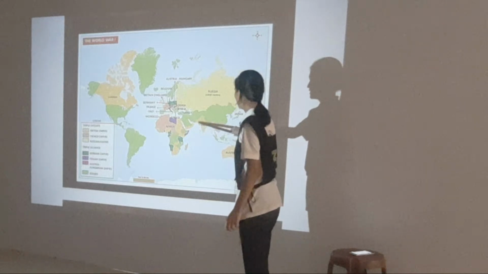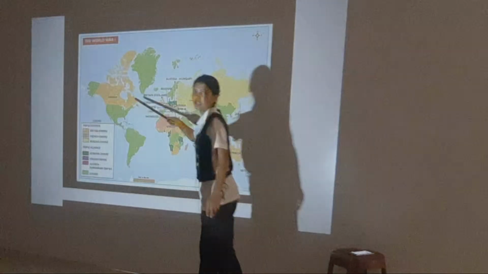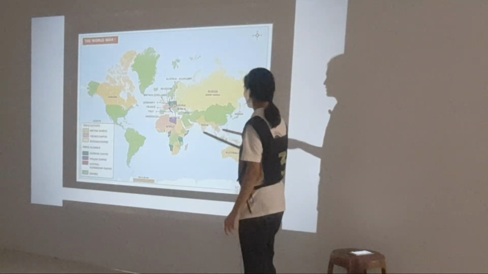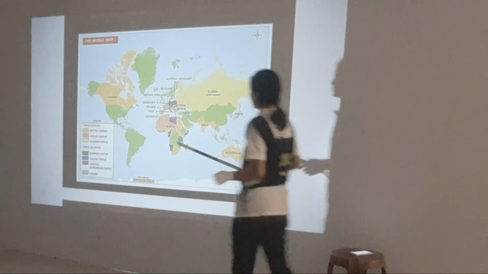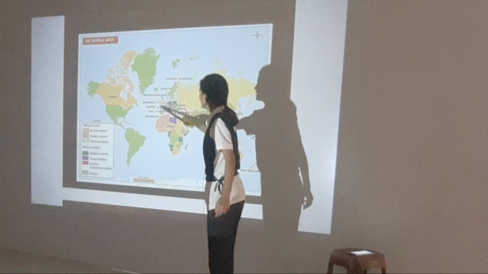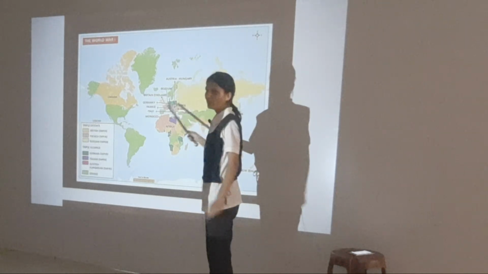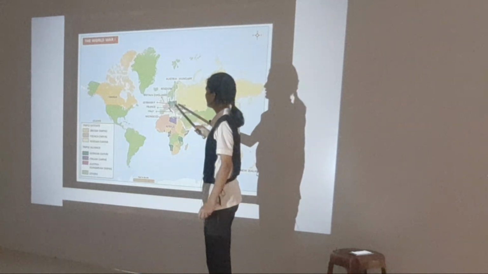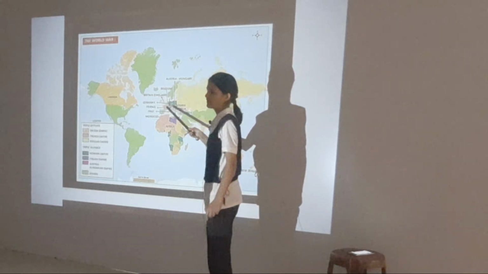So, you can see where the British colonized and the extent of colonization. We will be discussing this geographic region, and we will be learning about two alliances. First is the Allied powers, and the second one is the Central Axis powers.